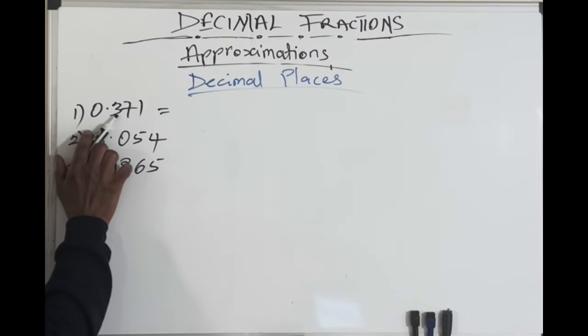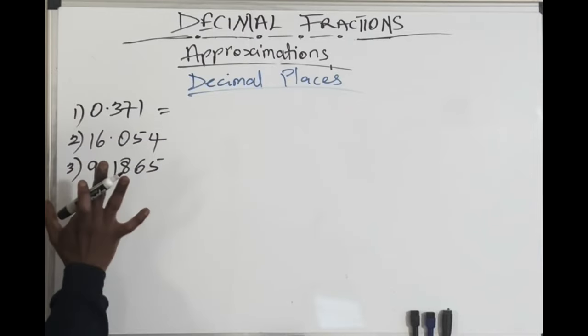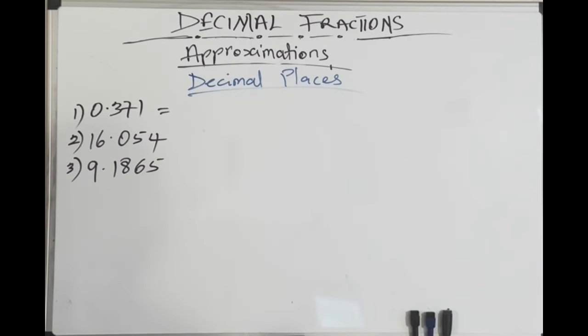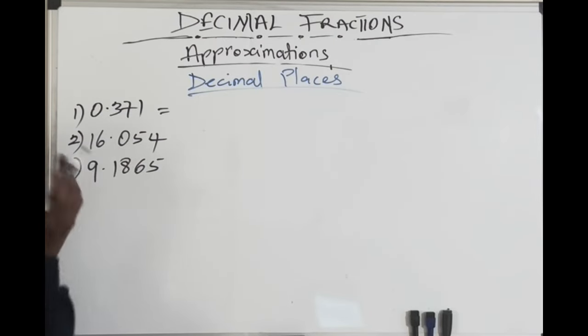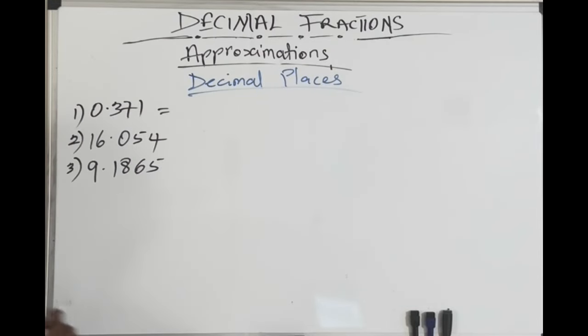So we are changing this. It is just approximation. We are just summarizing this 0.371. So approximation can also be termed as what? Summarization, or simplification. So for 1 decimal place, we look at the next number, which is 7.